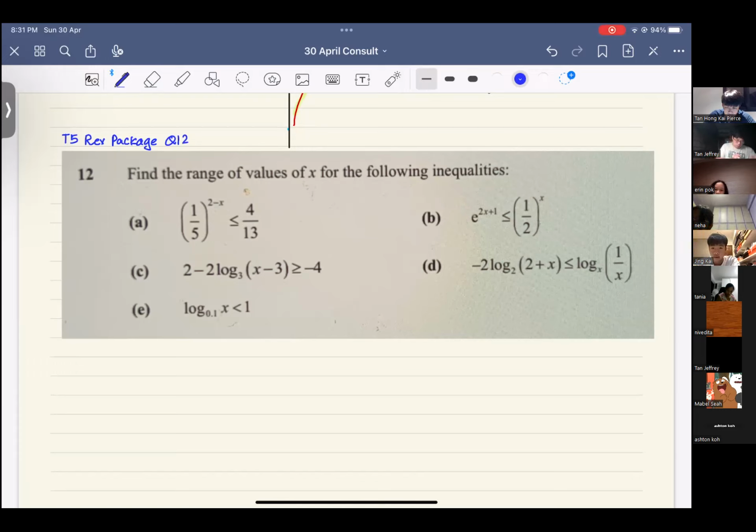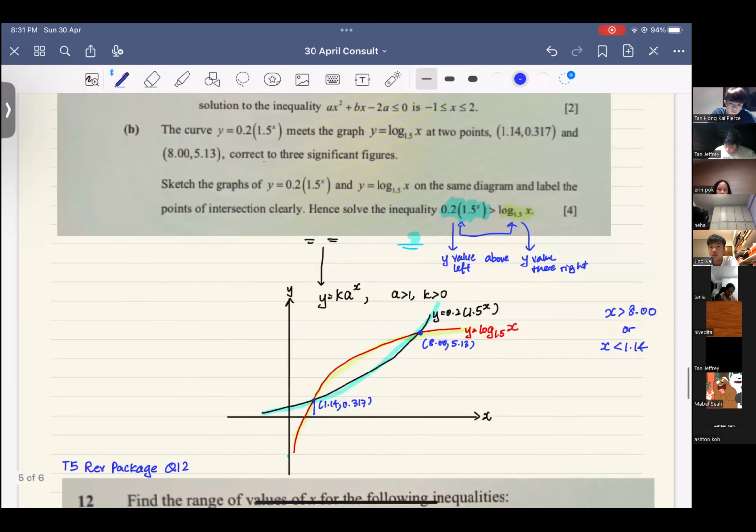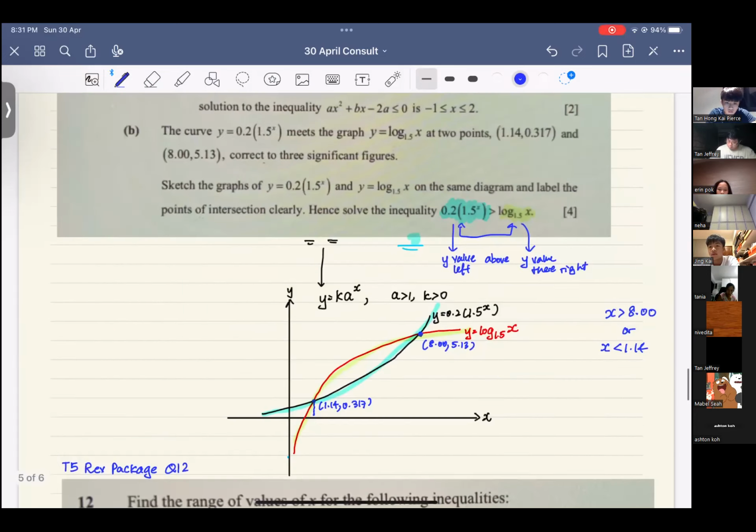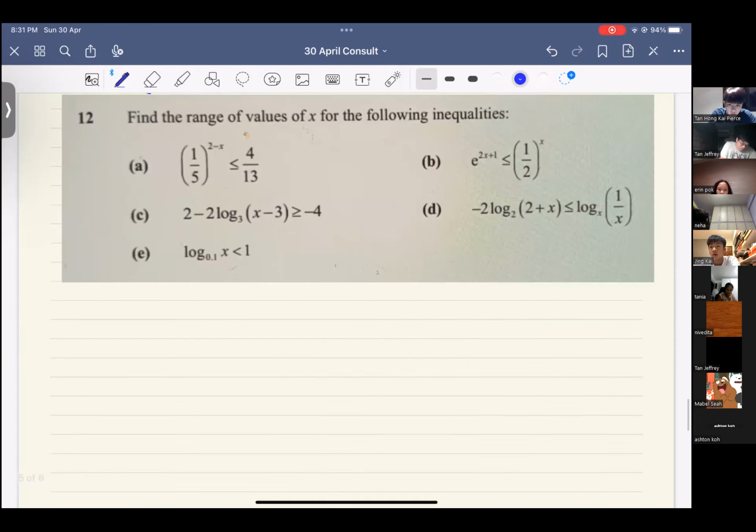Just now what did I go through? Time prep 2, question 5B. Now I'm just writing down so that I can put the YouTube link.